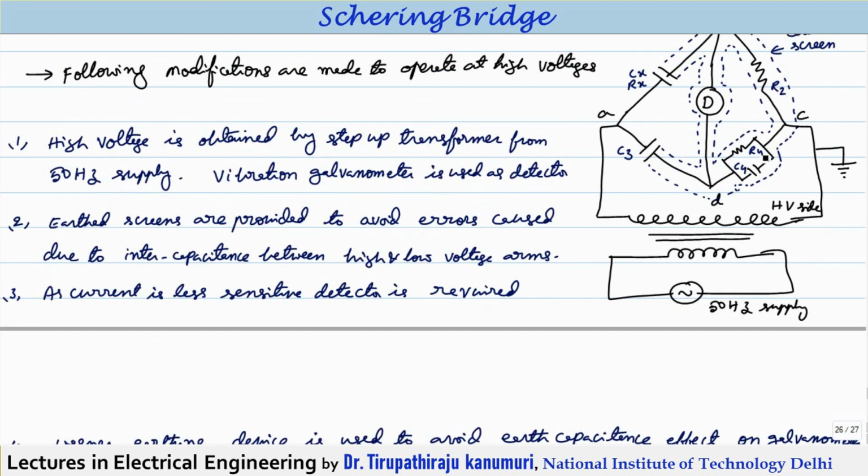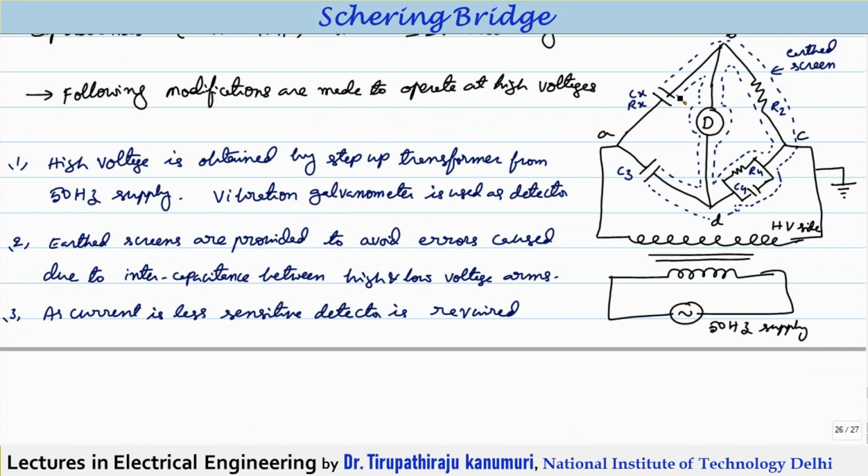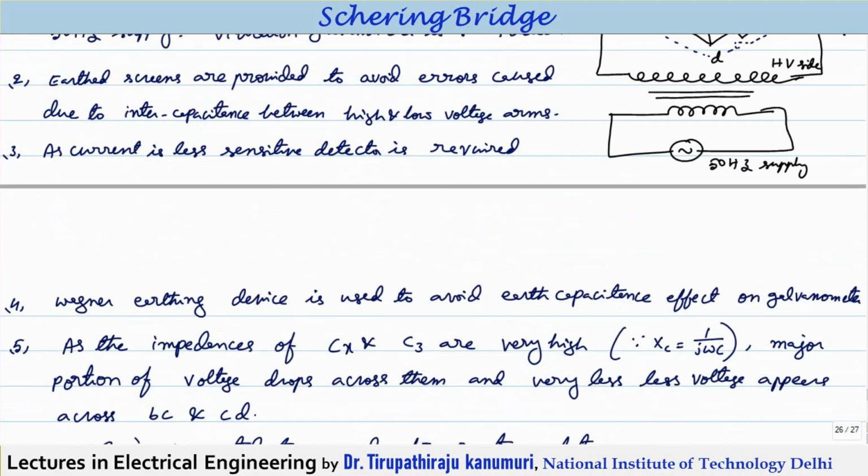And second, because these capacitances are very small, the impedance, equal to 1 by omega C, is very high, since frequency is low and capacitance is also small. As the impedance is very high, the current drawn will be very less even though you are applying very high voltage. That means whichever detector is used should be very sensitive, then only it can detect such small values of current.